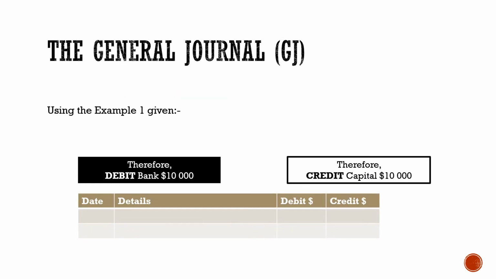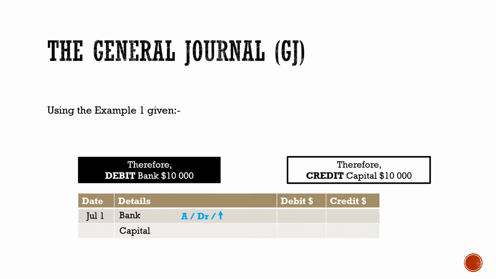In the general journals, we start off by recording the date, which was the 1st of July. Under details, we record the accounts that have been affected, in this case, the bank and the capital account. Using E.N.E, we have established that the bank is an asset, which has a debit nature, and there was an increase to the bank account.